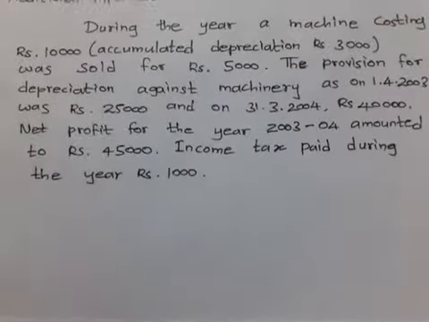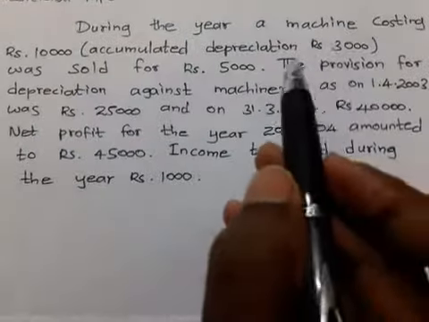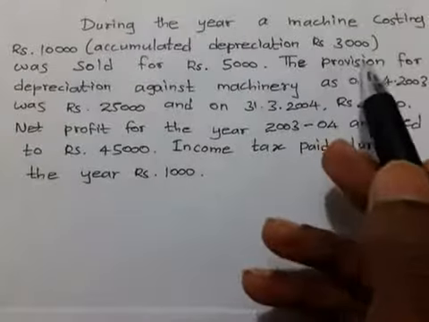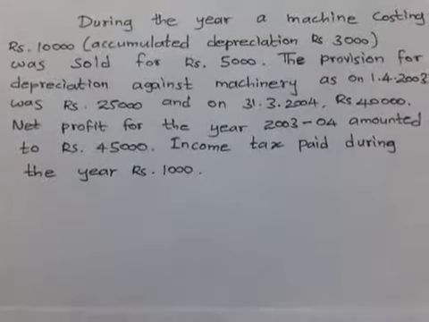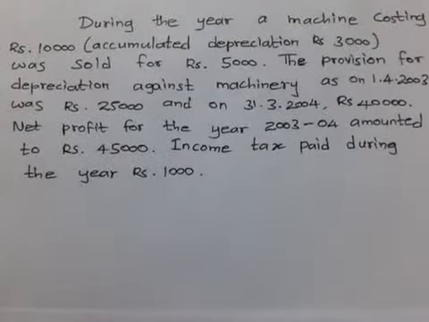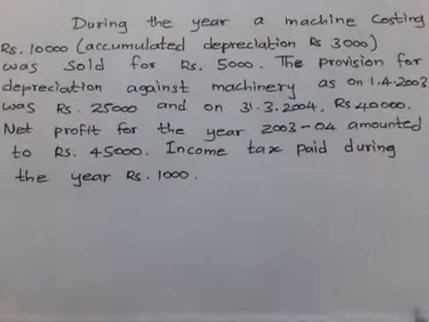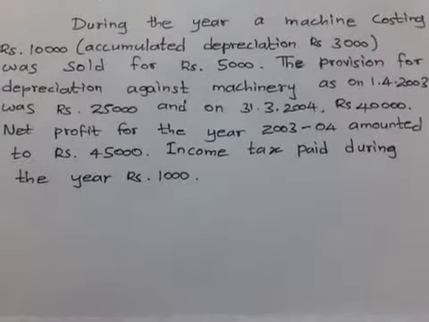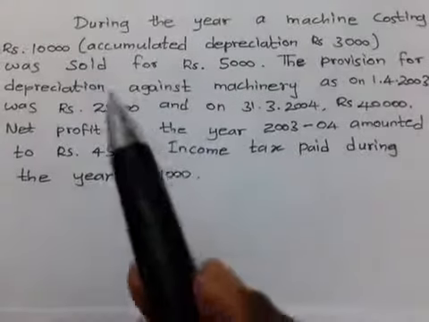And we have to include this adjustment also because there is a 3,000 accumulated depreciation we deducted from the provision for depreciation account and we added to the machinery account because the 10,000 machinery was sold.